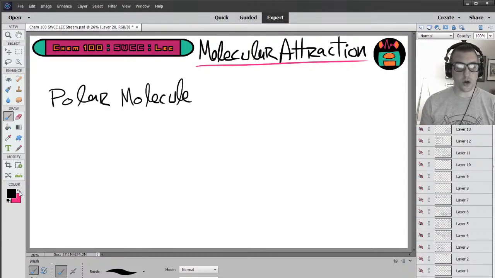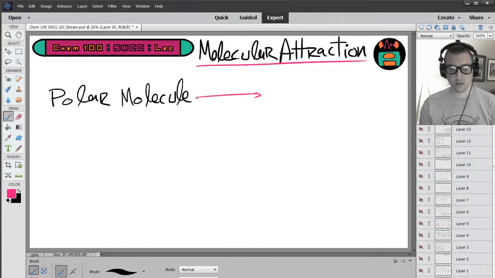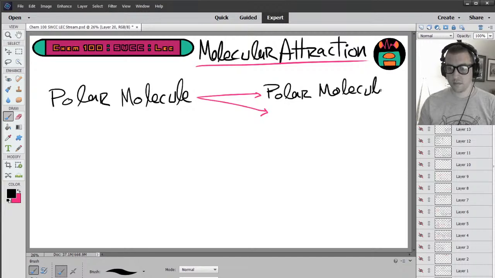Polar molecules are attracted to other polar molecules and ions.